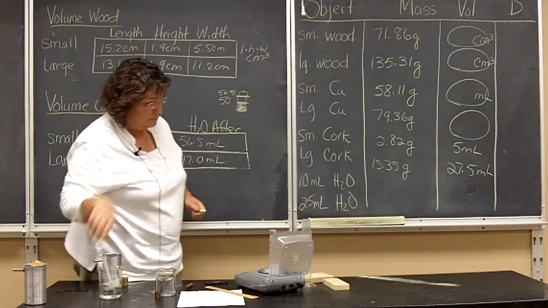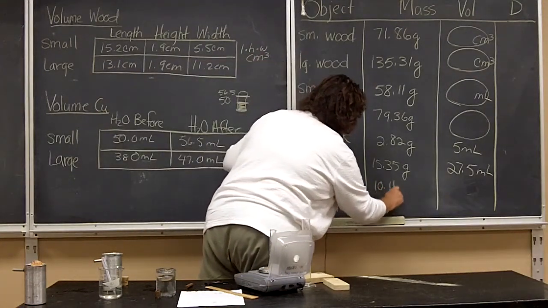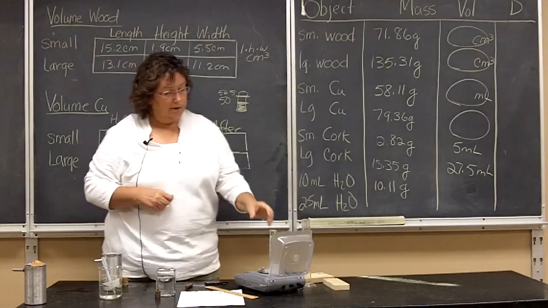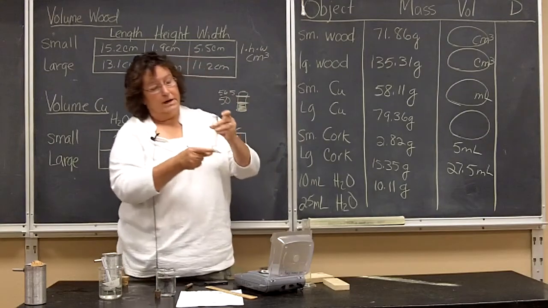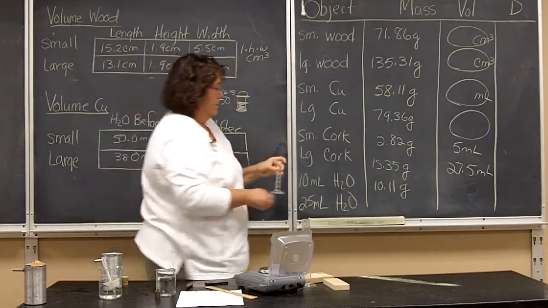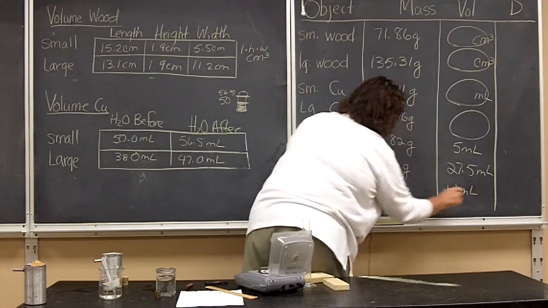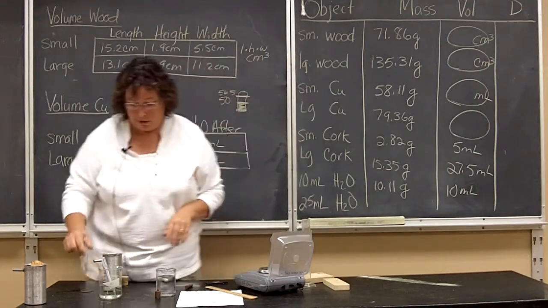So I have 10 milliliters and it reads 10.11 grams. Right, this time volume is easy. This is a direct measure. And I've got 10 milliliters.